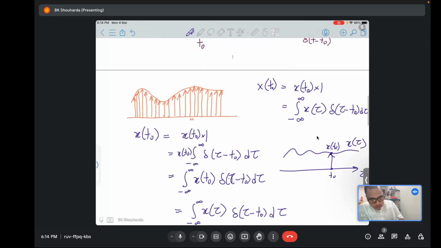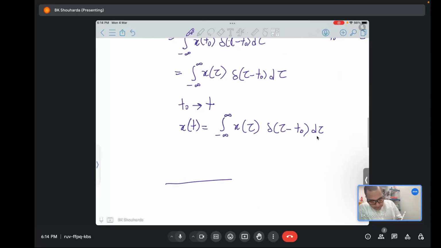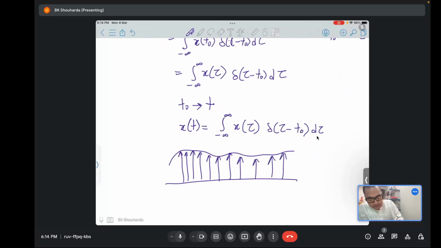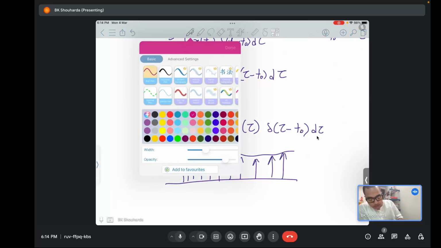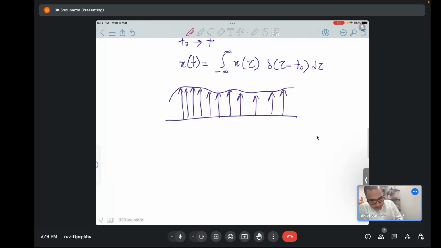Okay, so when x of t is made up of all these impulses, x of 1, x of 2 and all of these, now when I apply this entire thing to the system which has impulse response h of t, so what will I get? This is an impulse. So let's say the impulse has an amplitude a.